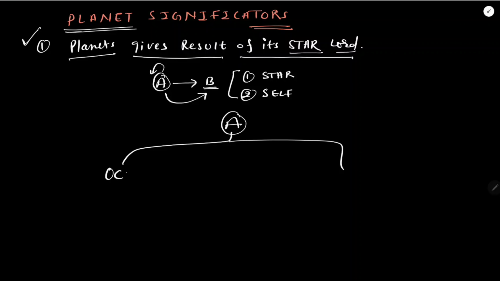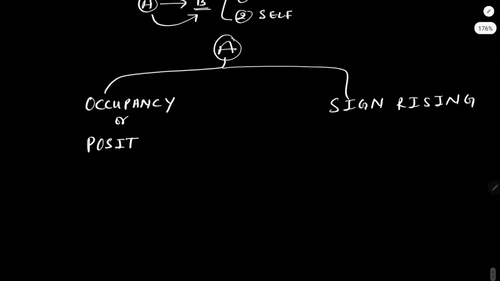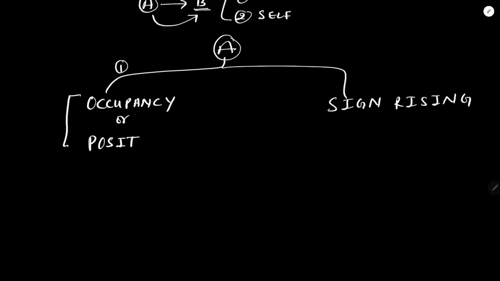One, by the occupancy, or we can say by the opposite, right? Second, it will give the result based on the sign rising. We have only these two rules: first, based on the occupancy; second, based on the sign rising.